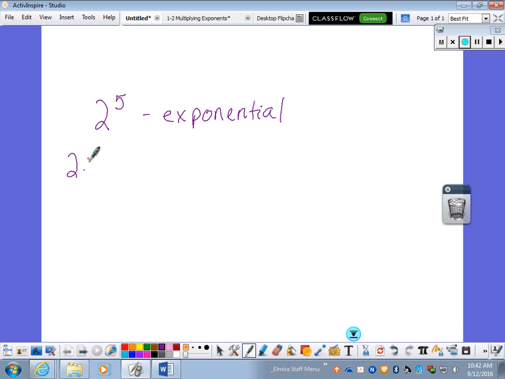If I were to write it all out, 5 2's with all the times signs in between, okay, we call that expanded form. And if I actually answer this, I either type in 2 caret 5 on the calculator, or I multiply this all out in my head, and I get an answer of 32.